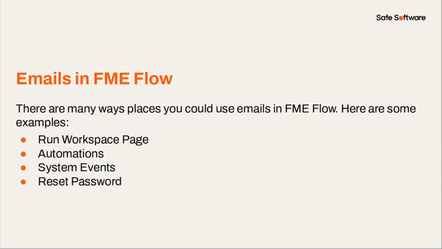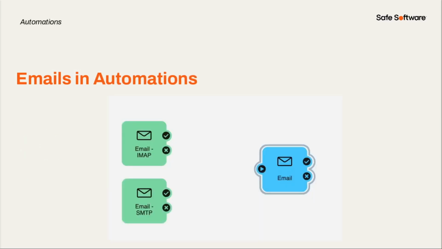Directly on the Run Workspace page, if you are on your interface right now, when you go to the Run Workspace page, there is an email results to variable that you could set and send yourself the results of your workspace once it's completed. You can also send emails within an automation. You can send emails from your system events and for the reset password functionality.